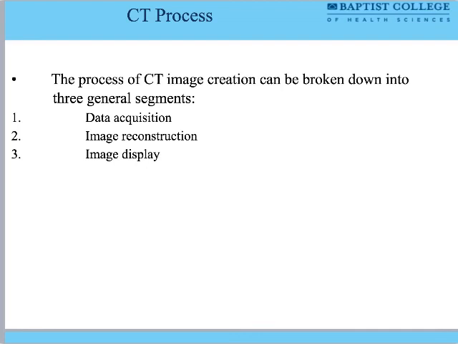That is data acquisition. Then image reconstruction. Now that I have that raw data, image reconstruction is the process of spinning the tornado backwards and making a house. So I'm going to basically spin the patient back out of the tube and make a picture. And then finally, image display, looking at it.